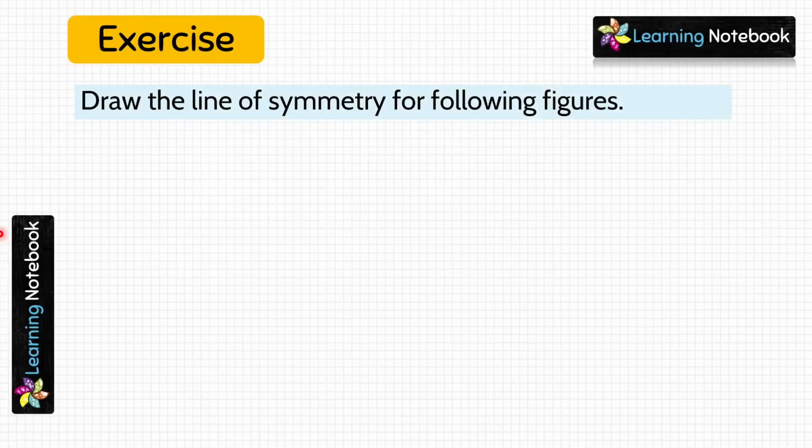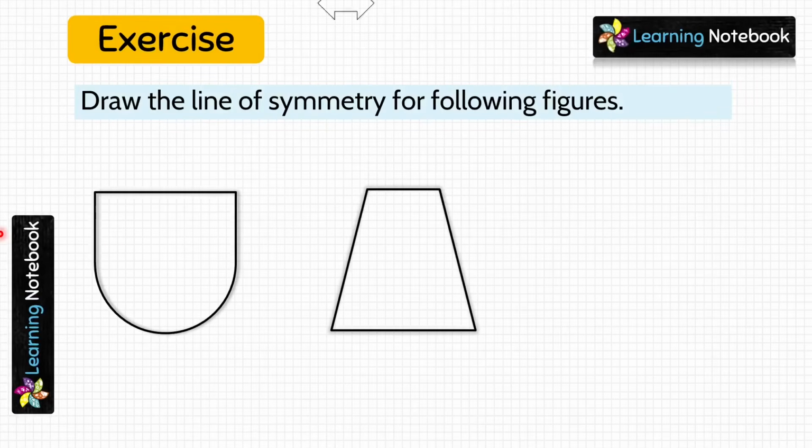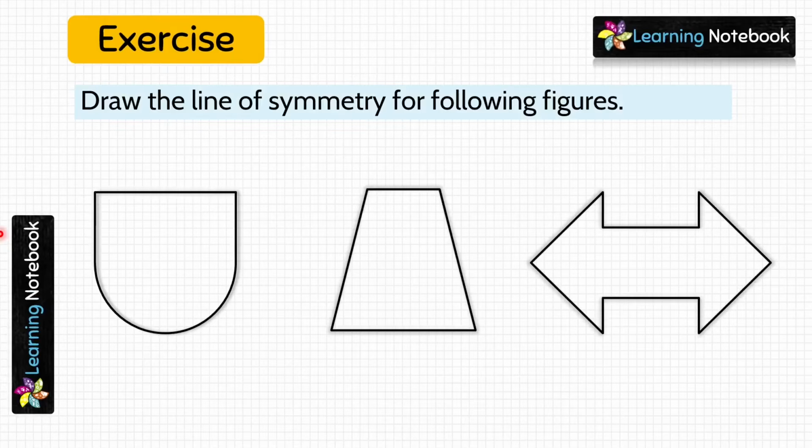Next question is, draw the line of symmetry for following figures. Look at this first figure. Here we have to draw line of symmetry. It means we have to draw a line which will divide this figure into two equal halves. So how will we draw this line?